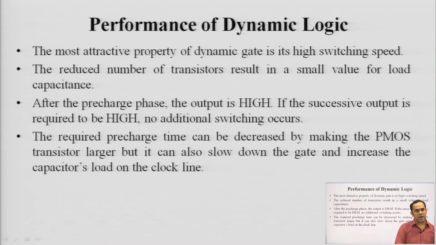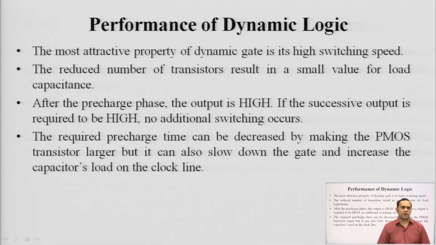You can make your PMOS transistor larger, which will give you a lower pre-charge time and might make circuits faster, but it can at the same time slow down your gates and increase the capacitive load on the clock line. And if you reduce your pre-charge timing, the capacitor might not charge to VDD completely.